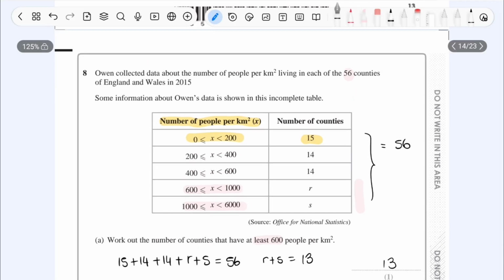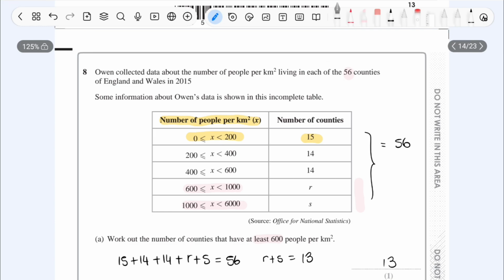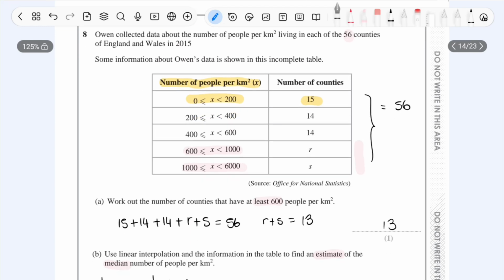So the next step is looking at which row this is in. So if we look at the frequency here and we make our own cumulative frequency table, probably should be doing it on the right, but I'm going to have to do it on the left. So it's 15 when it's between this interval. When it's less than 400 as well, it goes up to 29. I'm just adding the 14, and then I add this 14 and I get 30, 43, so 43.